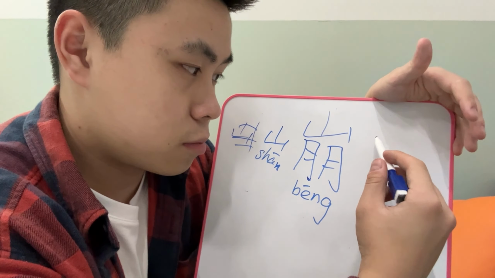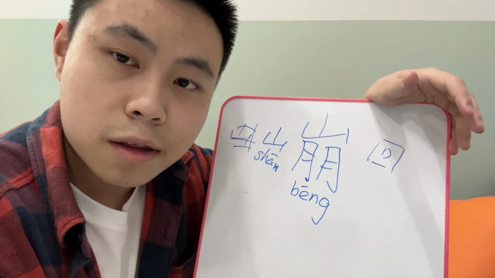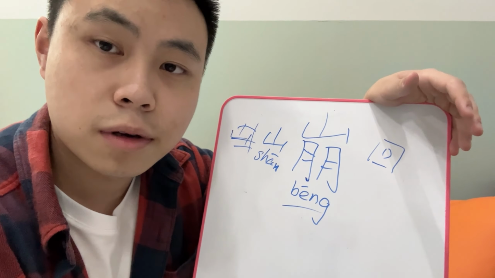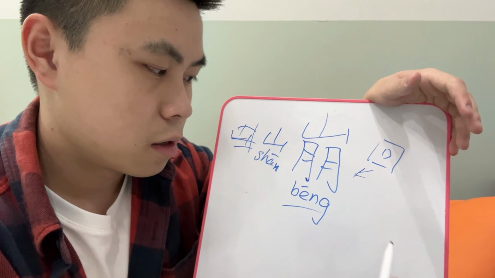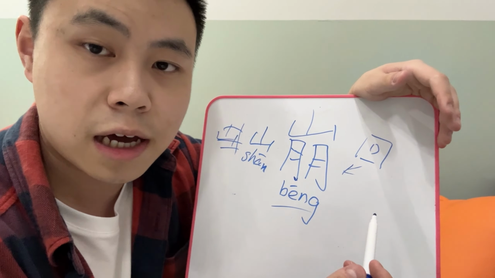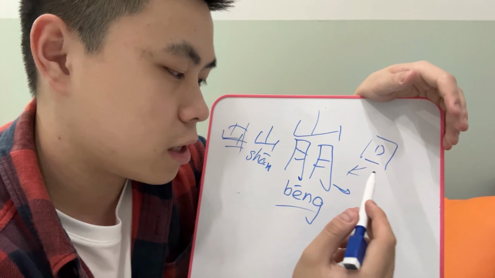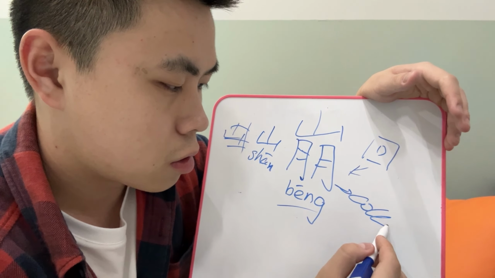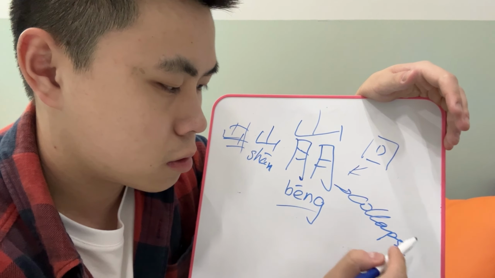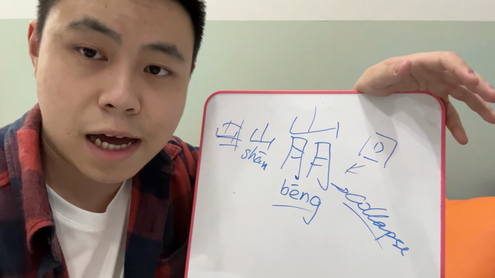So in the dictionary, there's more than its pronunciation, right? It also has its meaning. So in the dictionary, it doesn't just have the pronunciation, right? It will also have its meaning. It'll tell you it's collapse. This character means collapse.